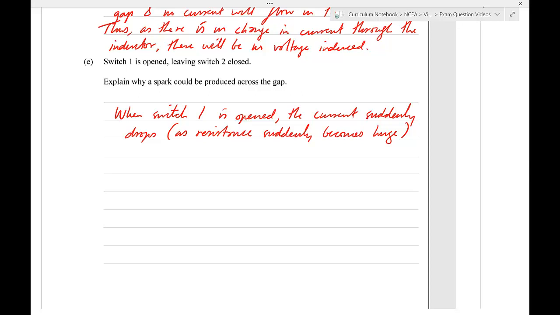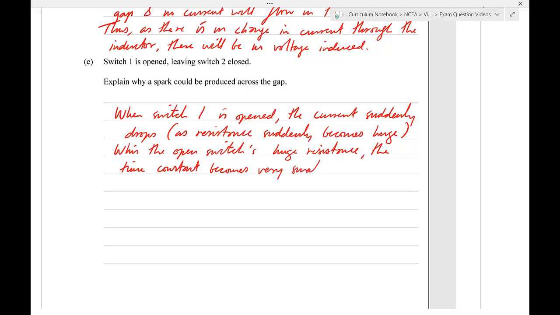That'll give us a sense of how quickly the current is dropping. With the open switch, which is huge resistance, the time constant becomes very small, as tau is equal to L over R. Thus, the current drops very quickly.